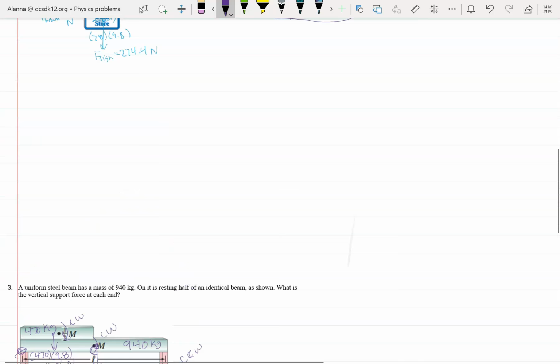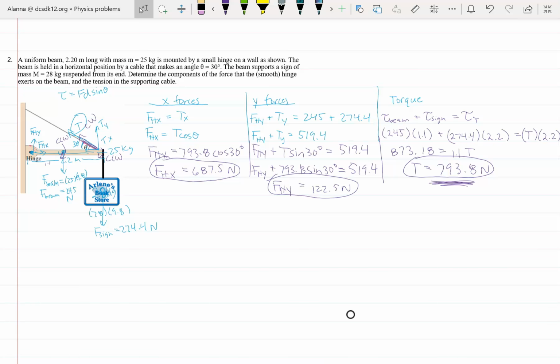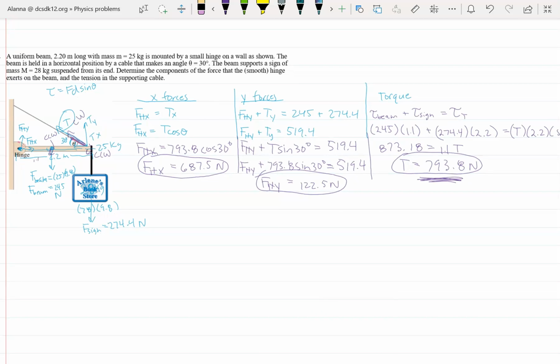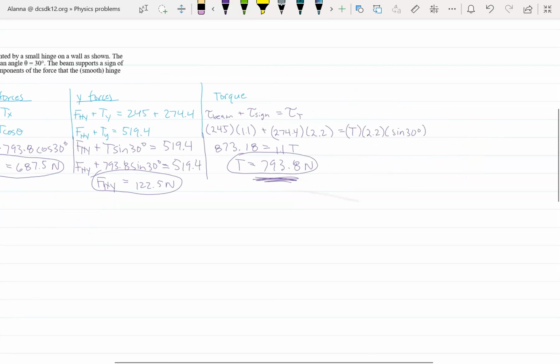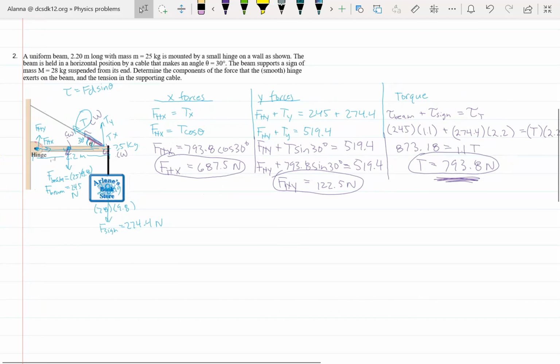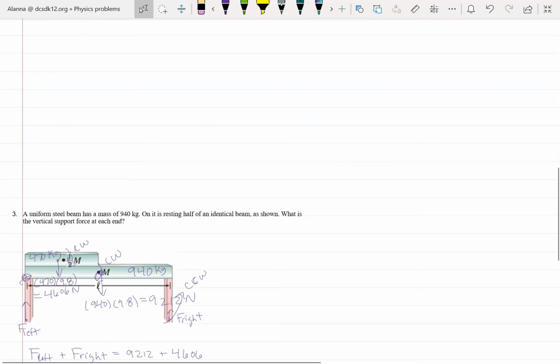And I just realized that up here I mislabeled these. That should actually be clockwise and clockwise. And then that one is counterclockwise.